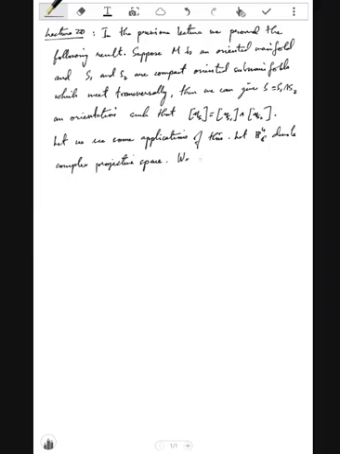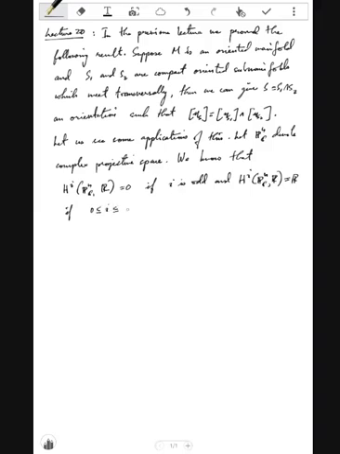So we know that Hi is 0 if i is odd and Hi is R if i lies between 0 and 2n and i is even.